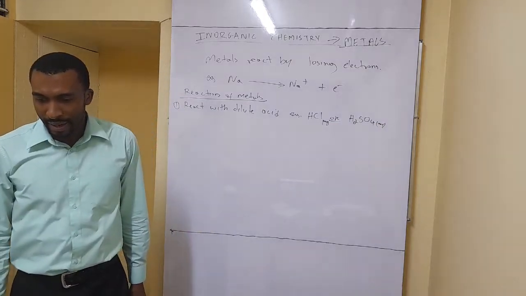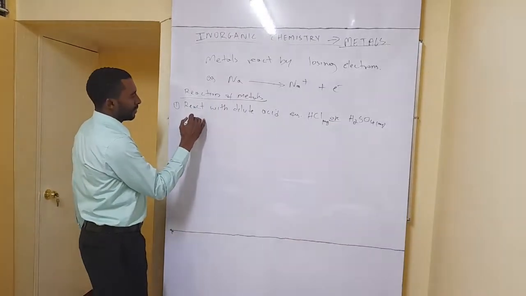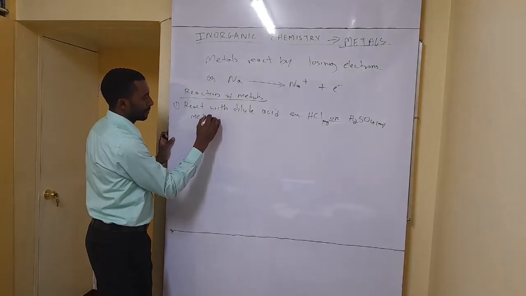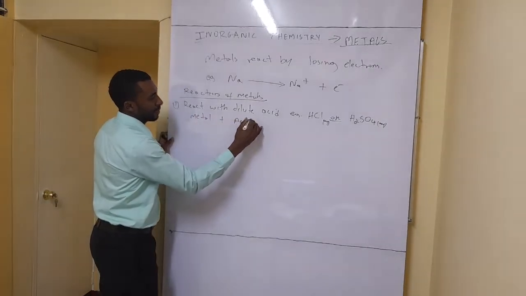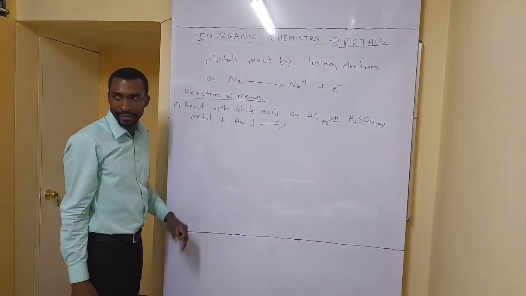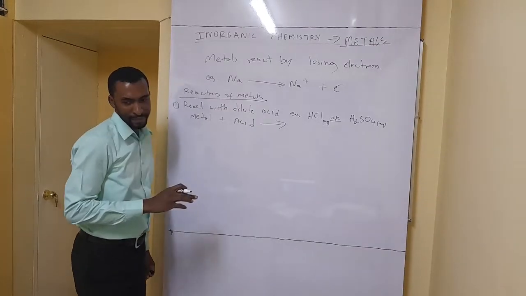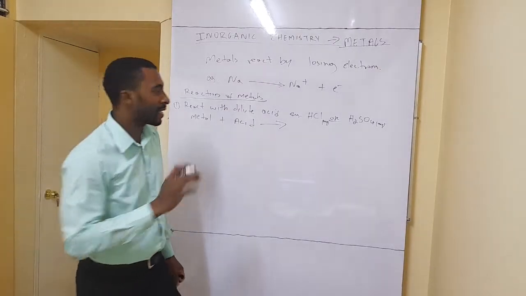Metal plus acid, hydrochloric acid or sulfuric acid: a metal will react with the acid to produce a salt and hydrogen.